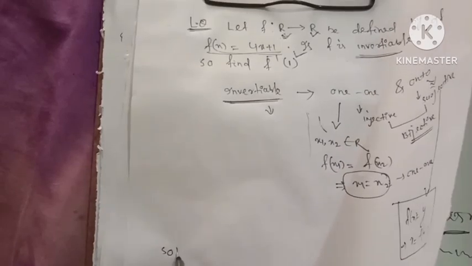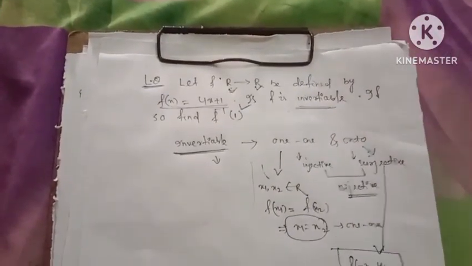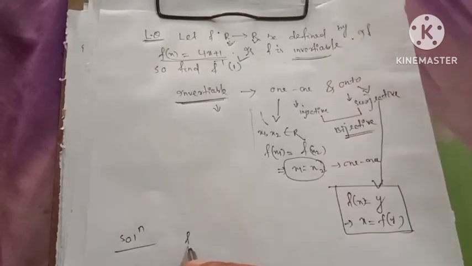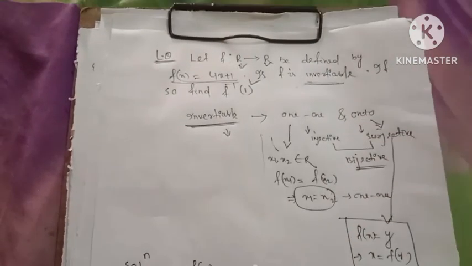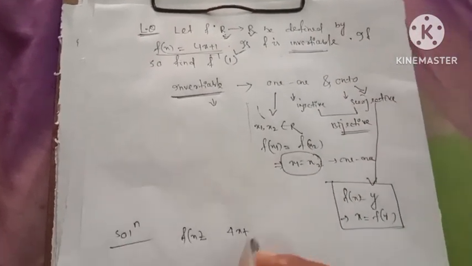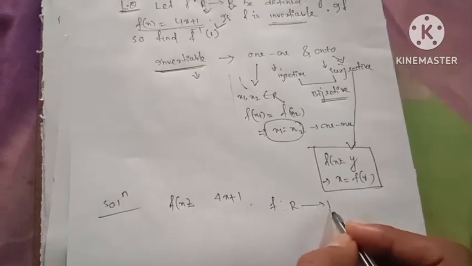So, solution. First, the given function is f(x) equal to 4x plus 1, and it goes from real number to real number.